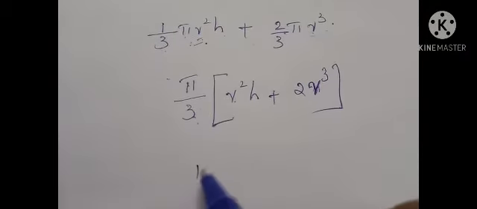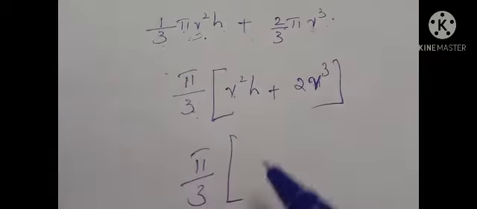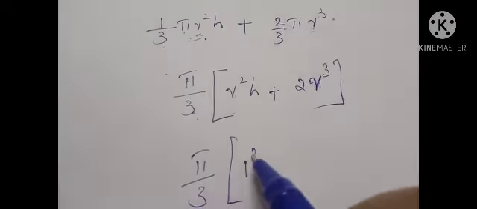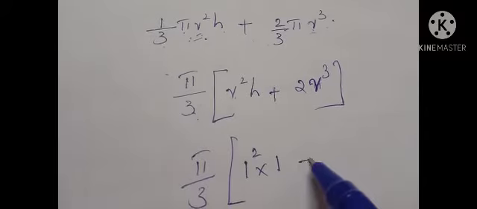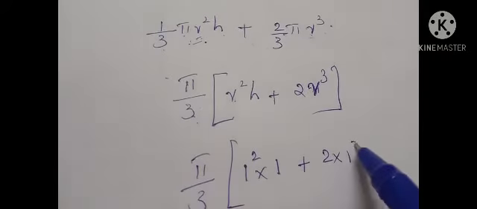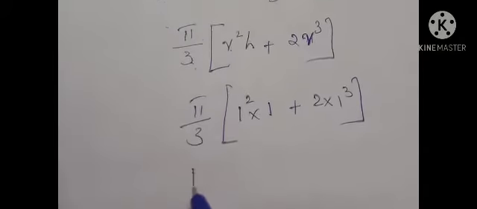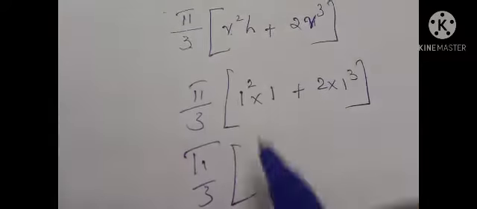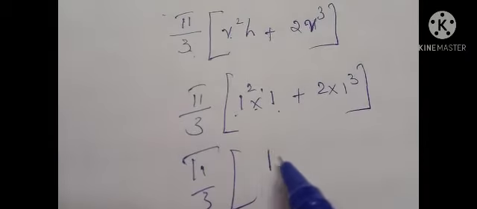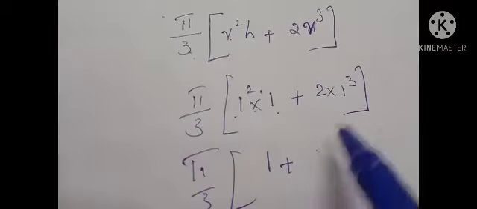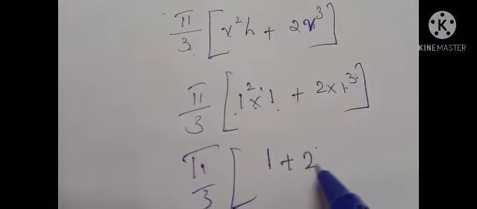Now we can substitute the values. What is r? 1. So 1 square, height is also 1, then plus 2 into 1 cube. So pi by 3 into 1 square into 1 is 1 itself, plus 2 into 1 cube; 1 cube is 1, 2 into 1 is 2.